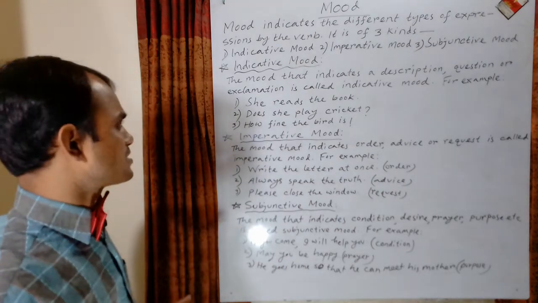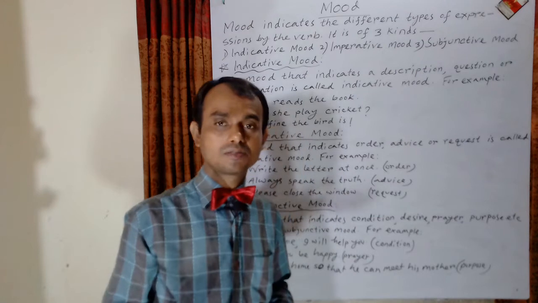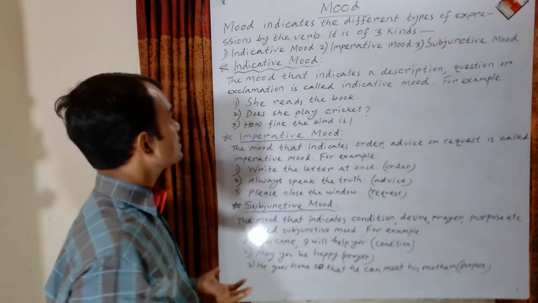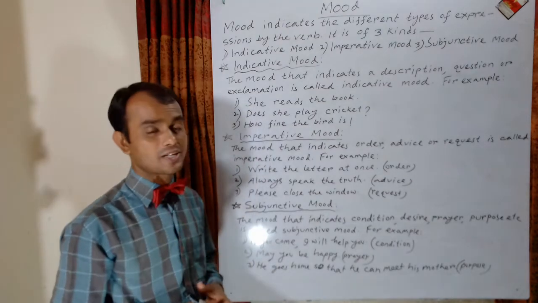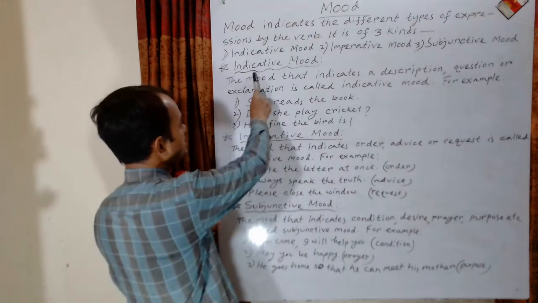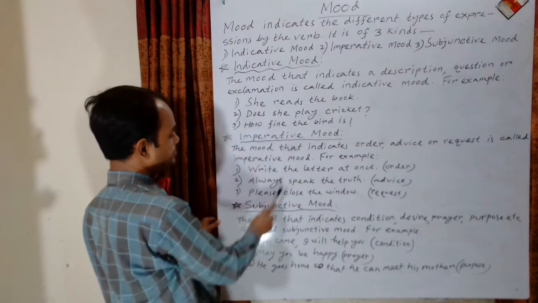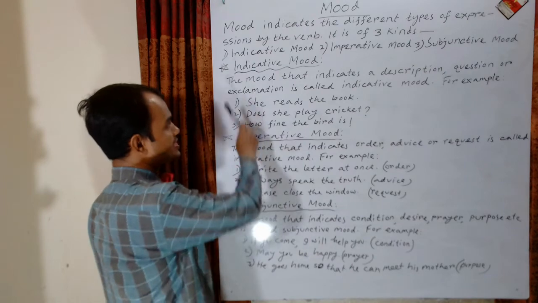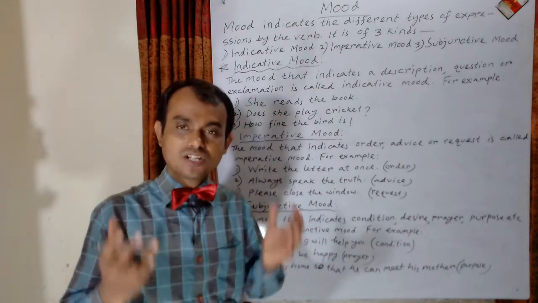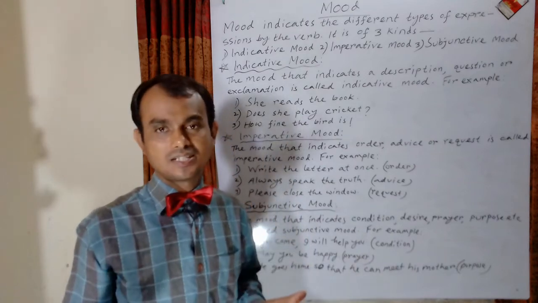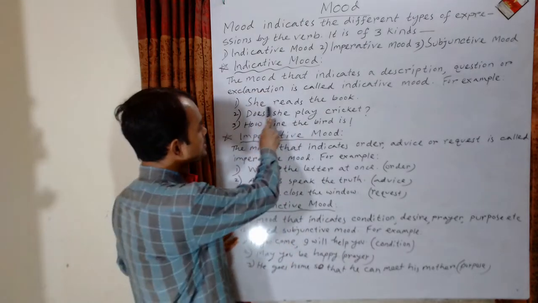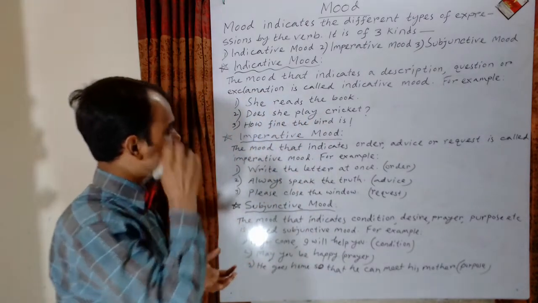Dear students, I have already discussed mood. Again, I am telling: mood indicates the different types of expressions by the verb. It is of three kinds: indicative mood, imperative mood, subjunctive mood. What is indicative mood? The mood that indicates a description, a question or exclamation is called an indicative mood. For example, she reads the book.